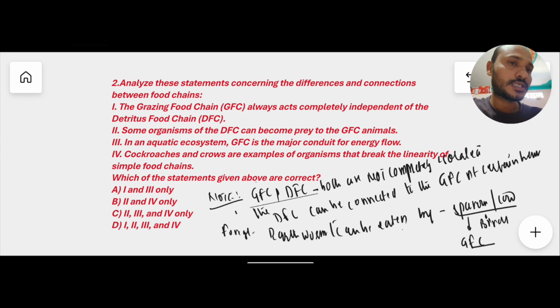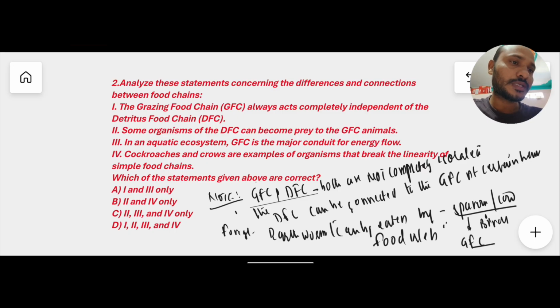It means that GFC and DFC are not completely isolated, and they are interconnected at a certain level. So an earthworm eaten by a sparrow or a bird is this kind of interconnection, and it is called a food web. Very important. Here I'm writing food web.